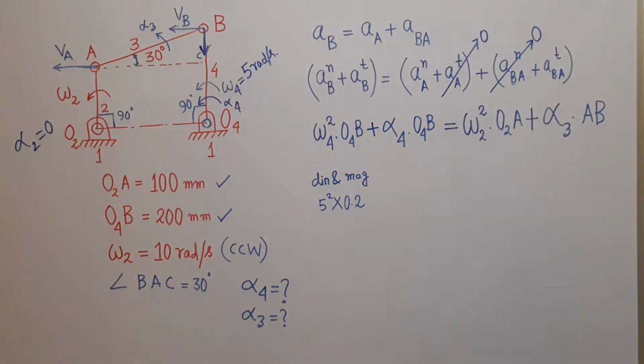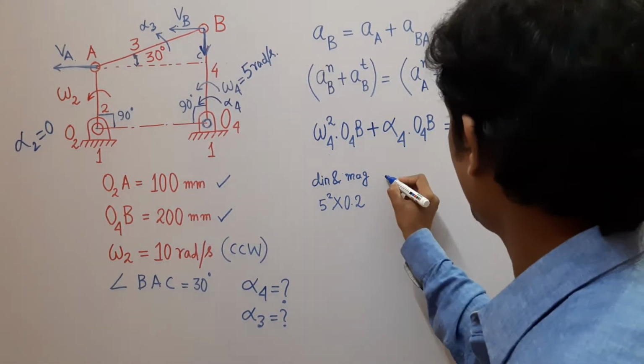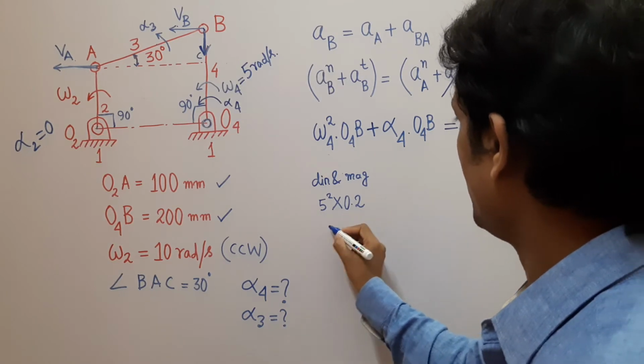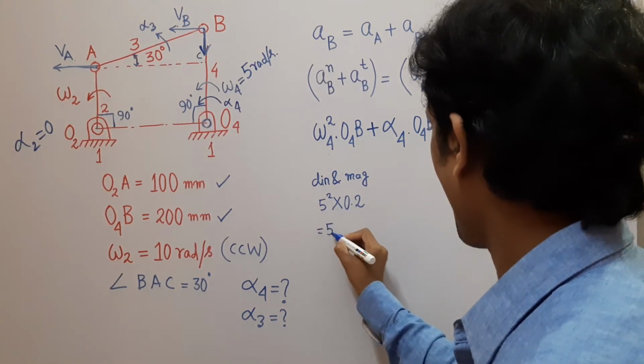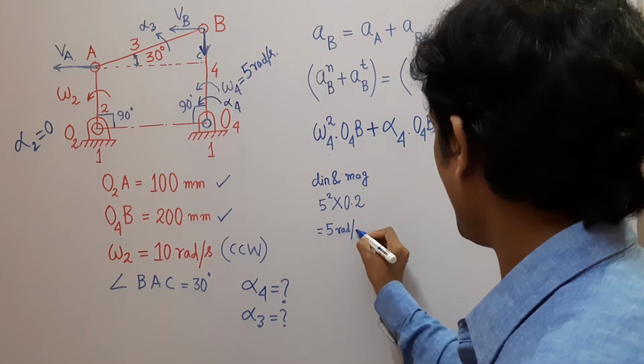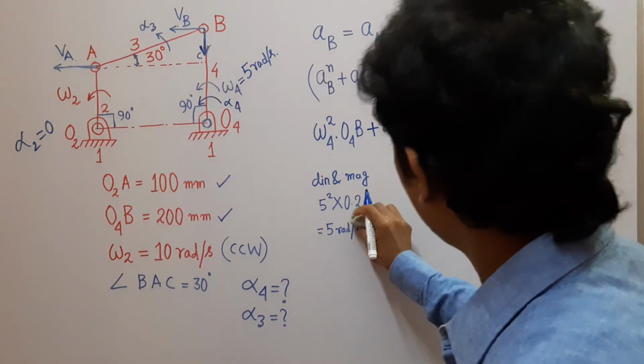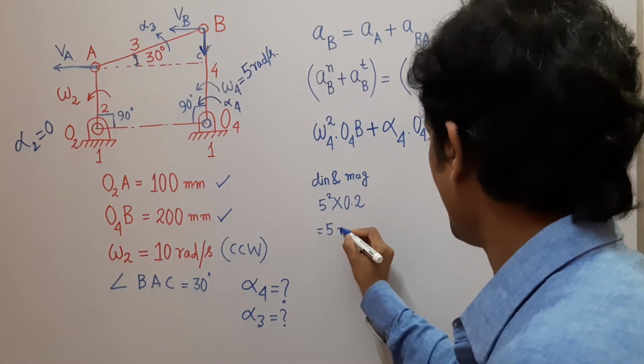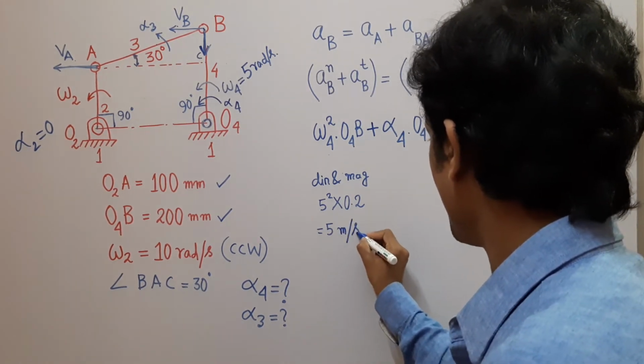So this is the magnitude. So 5 square is 25, times 0.2, that is 5 meter per second square.